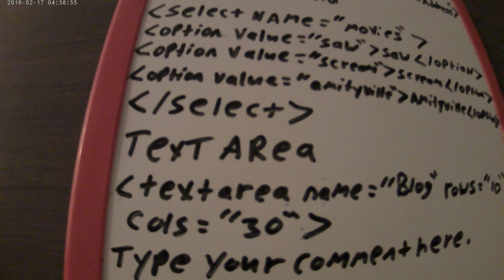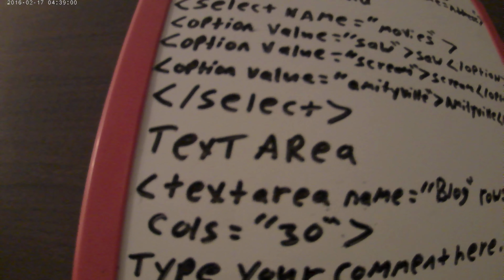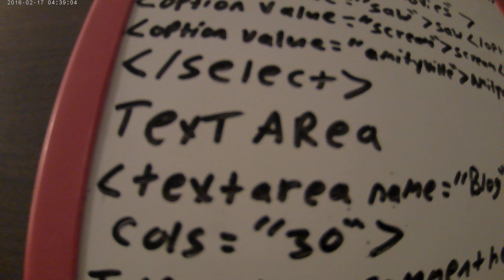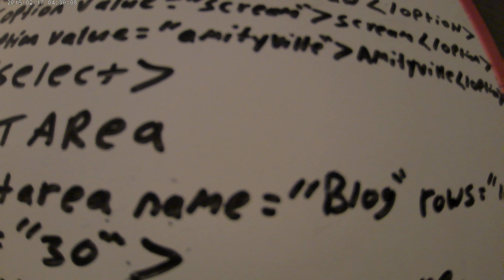So this is really useful for when users want to comment on your web page. So we have text area that's written within a bracket, and then name equals blog. And then we have rows, so you can determine the number of rows that you want your comment to have.